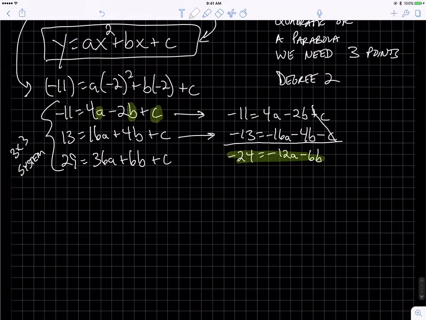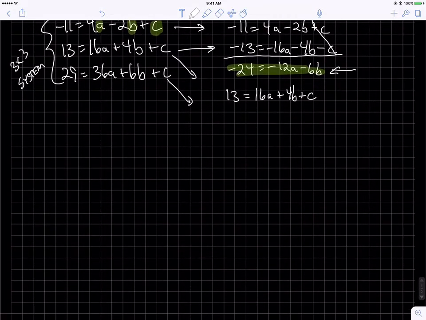That's my new equation. It's got 2 variables in it, so it's still not good enough. I need to get down to 1 variable. So I need another equation that has just a and b in it, and then I can combine it with the new equation I have here. The way I get the new equation is I'll combine 2 other original equations to eliminate c. So I'll use the second and third equation, and I'm going to multiply the second one by a negative 1.